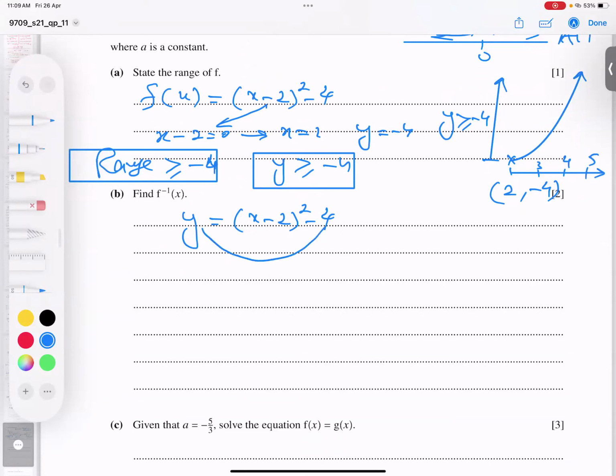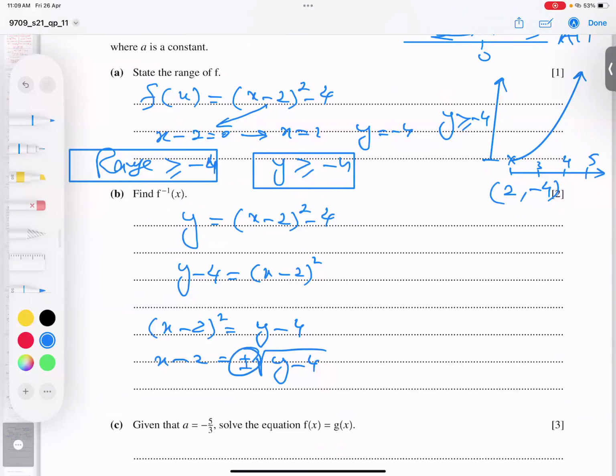This 4 will come here first of all. Switch the sides, x minus 2 comes to the left-hand side, 4 minus 1 goes to the other side, root of both sides. Here is a point coming: plus and minus. Okay, 2 goes there, I got 2 plus and minus root of y minus 4.